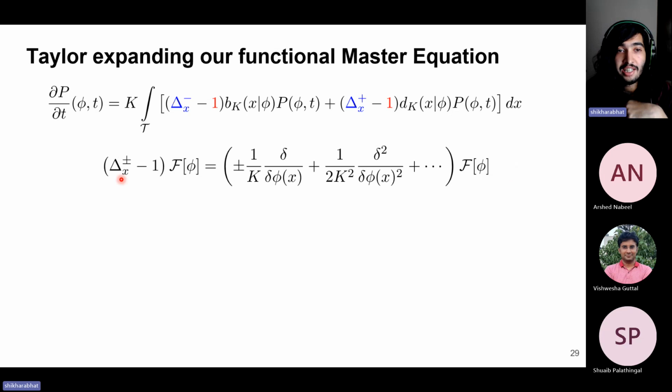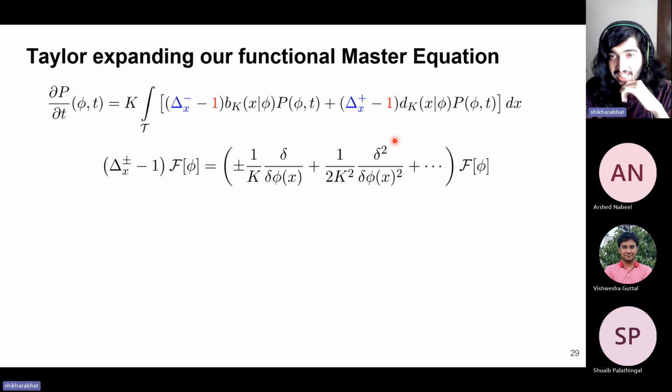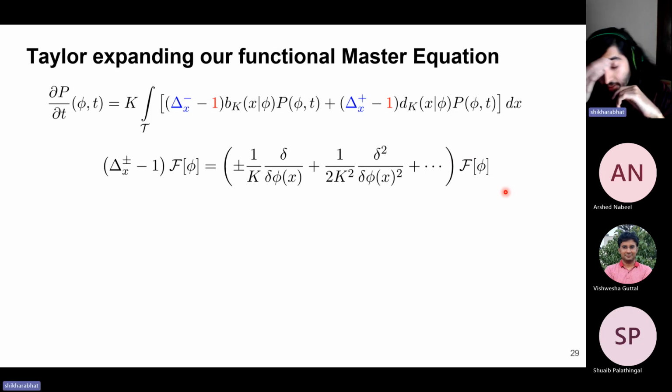I get delta plus minus minus 1 is, there is a sign here, 1 by k times the first derivative with respect to phi, plus 1 by 2k square times the second derivative with respect to phi, and higher order moments, all applied to mathcal f. And I am going to neglect these higher order moments. I'm going to work only to the highest order.